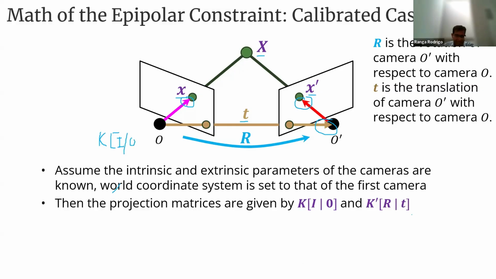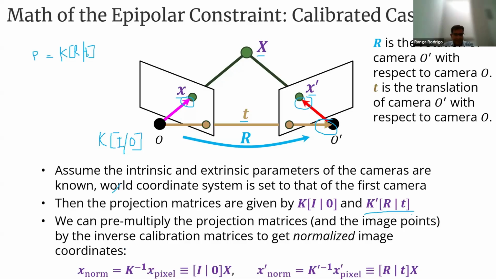There's no translation, so the translation is 0. This is the camera matrix for that. Remember our camera matrix is K[R|T], this is what we studied.